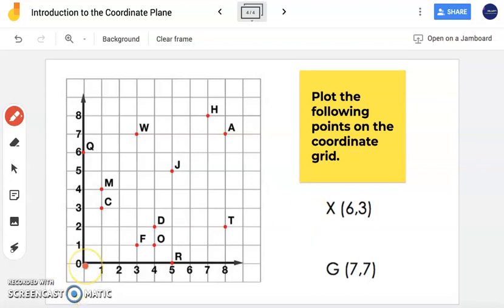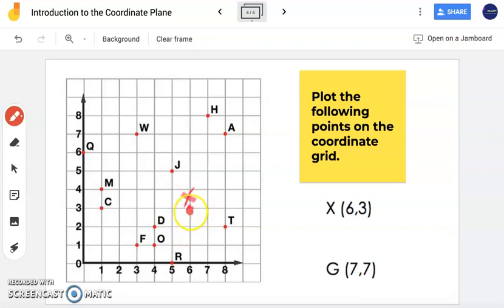So I'm going to always start at my origin and I'm going to go to the right 6 spaces along my x-axis and stop at 6 because that was the number given to me in this ordered pair. Then I'm going to go up 1, 2, 3 spaces, and that's giving me point X, which we always label our points with a capital letter. And that's giving me the ordered pair 6, comma 3 labeled as point X.